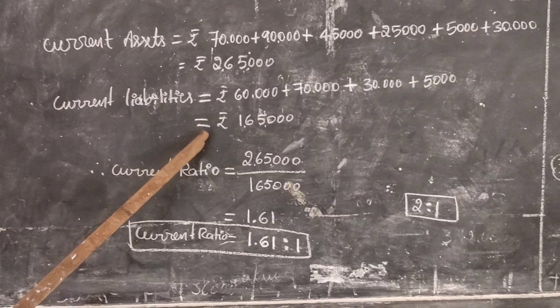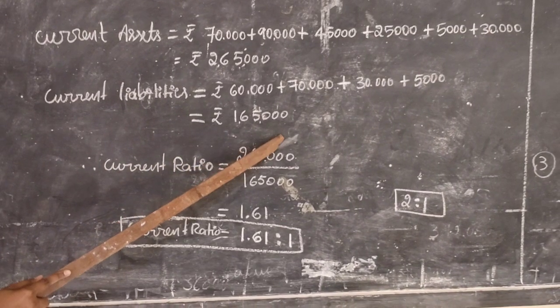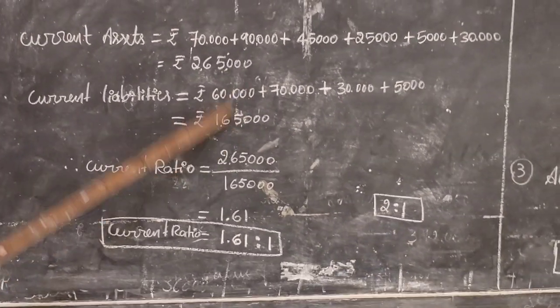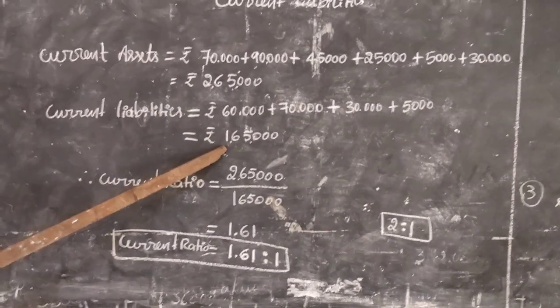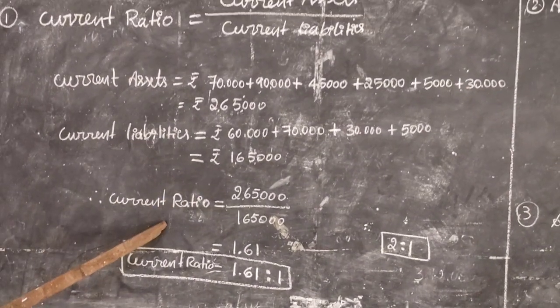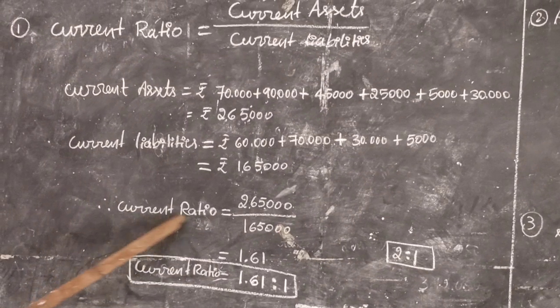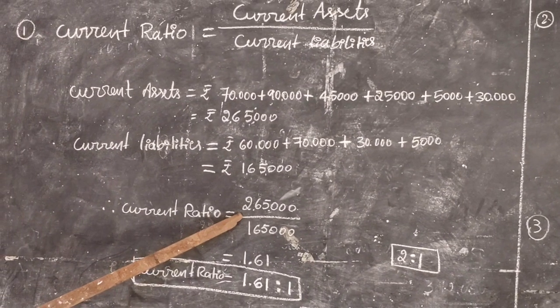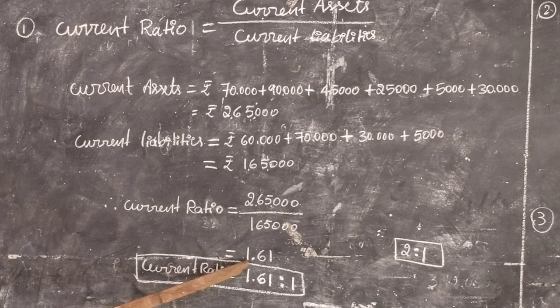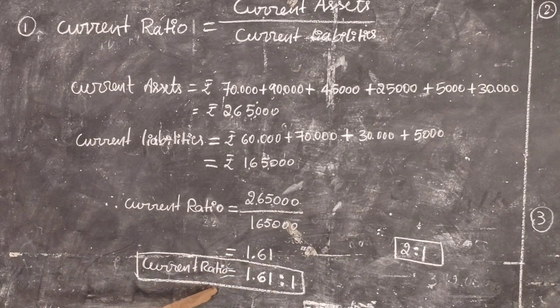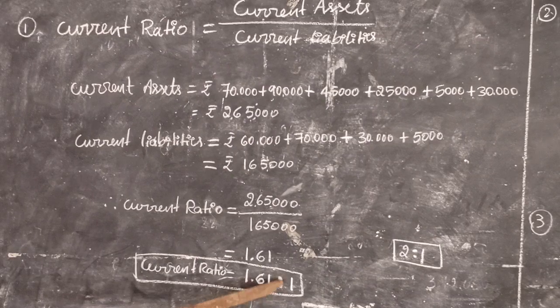Total current liabilities is rupees 1,65,000. So from this we get the current assets and the current liabilities, that is 2,65,000 and 1,65,000. From this we can calculate the current ratio, that is current ratio is equals to 2,65,000 divided by 1,65,000. So that is 1.61. Here the current ratio is 1.61 is to 1.